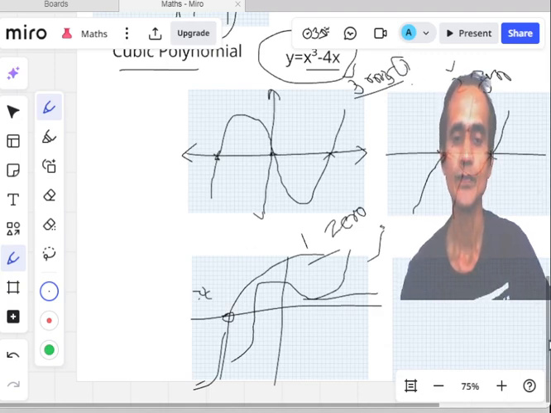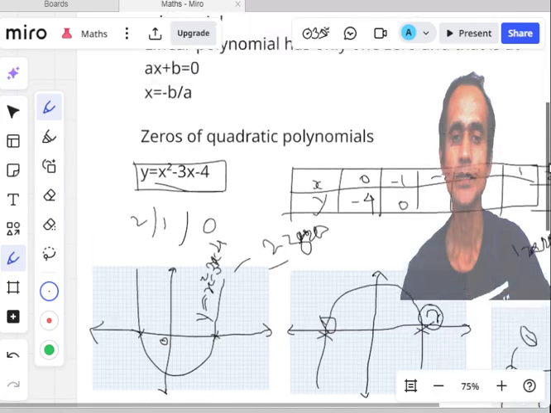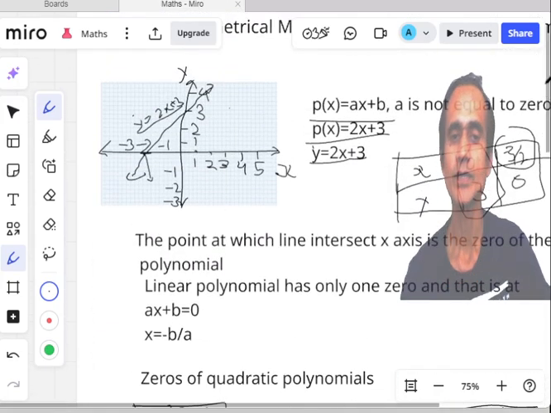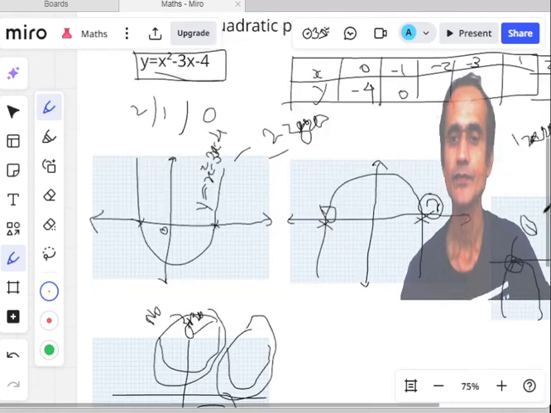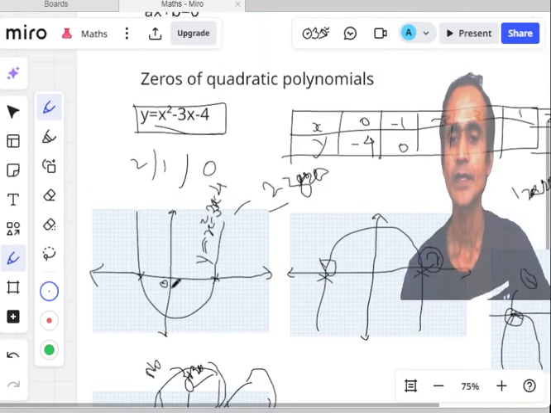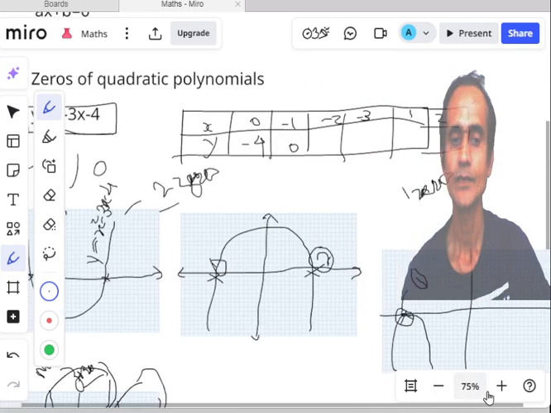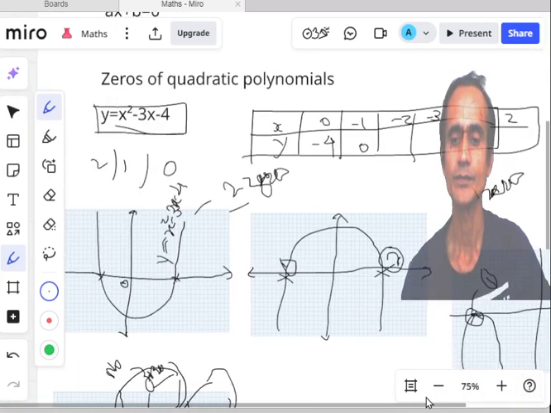So now we have understood what the geometrical meaning of zero is. In a linear polynomial, there is one zero, the point at which a line intersects. A quadratic equation can have two zeros or one zero or even no zero at all.